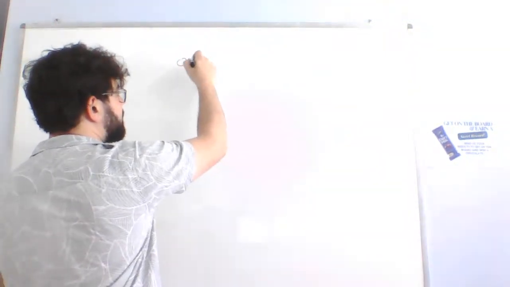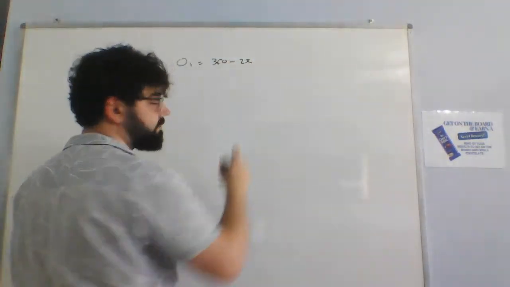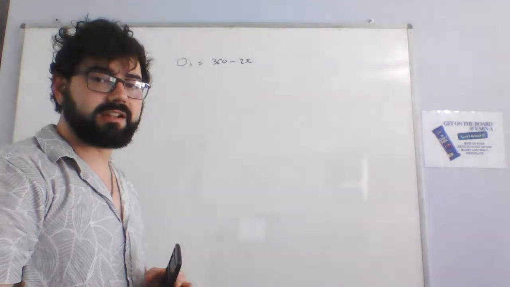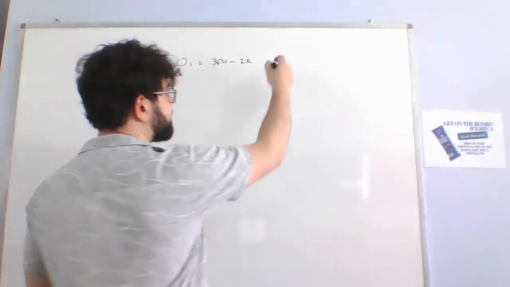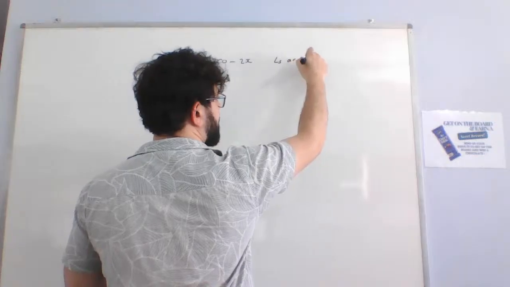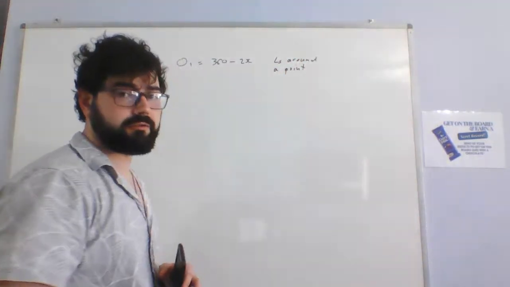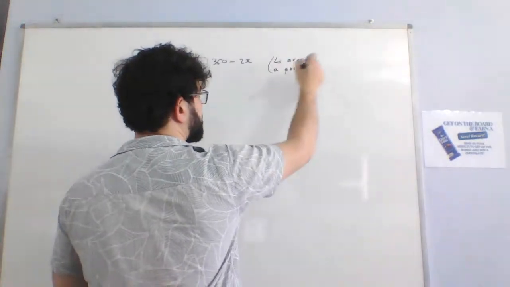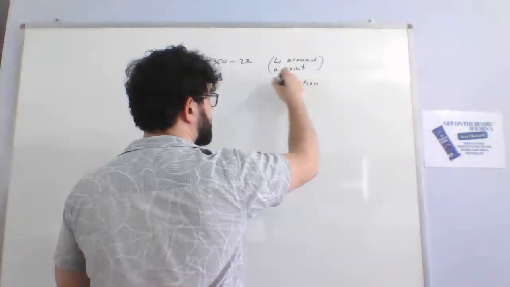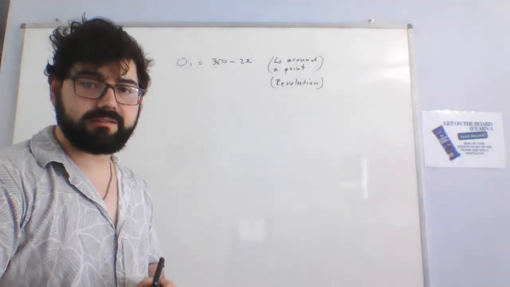So angle O1 is 360 minus 2x, and that's because of angles around a point. Or you can just say revolution. I like that one. So it's 360 minus 2x.